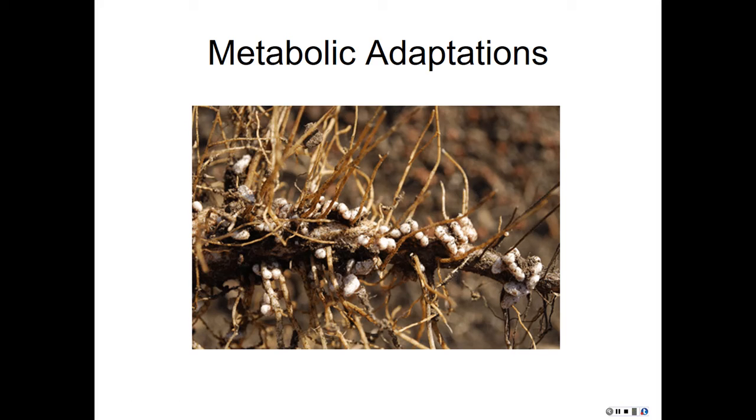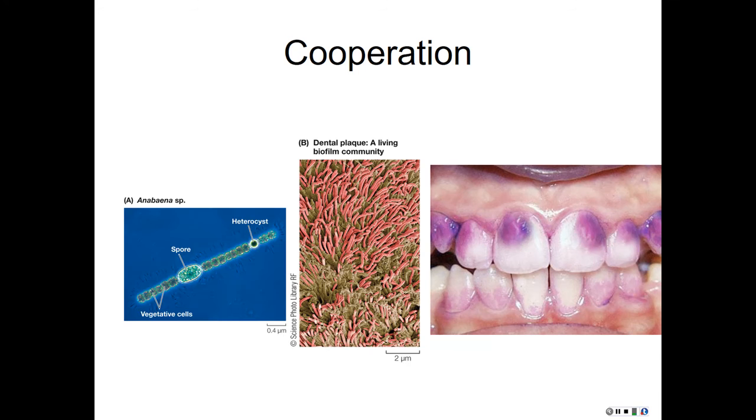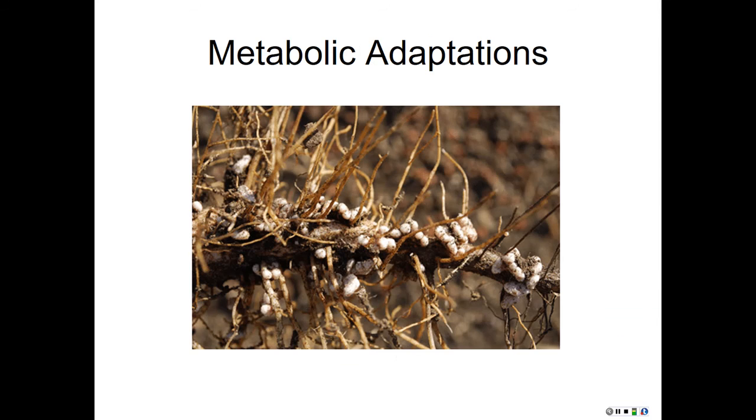So let's talk about metabolic adaptations. Okay, so metabolic, nope, I don't want to be on cooperation, sorry. And you might be wondering, why are you showing me this picture of a plant's roots?